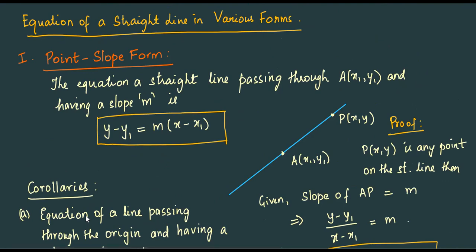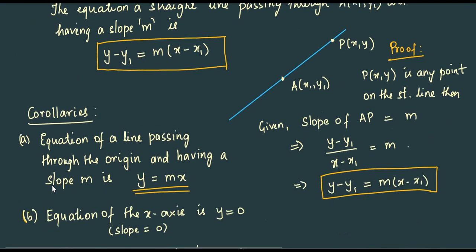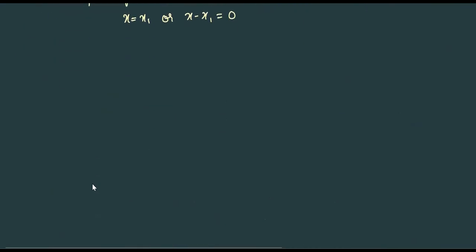Next, we have a very important result, the 2-point form of a straight line. The second type is 2-point form.